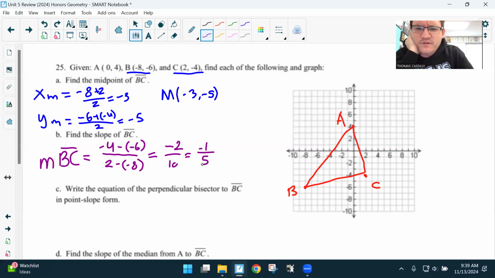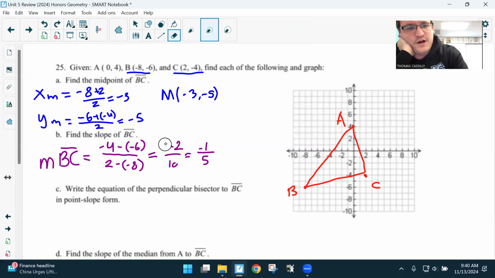See, now I made a mistake here. Something doesn't seem right. Oh, that should be a positive number. Why should that be a positive number? Because this is a +2, and then that is a +1. So we have a +1/5.